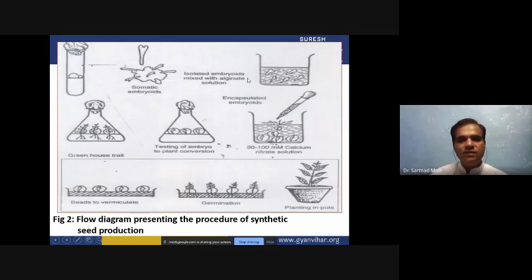Isolated embryos are mixed with the sodium alginate solution, and then we take them out using a proper tool and put them into a 30 to 100 millimolar calcium nitrate solution. When this calcium nitrate solution comes in contact with sodium alginate, it produces the encapsulation.